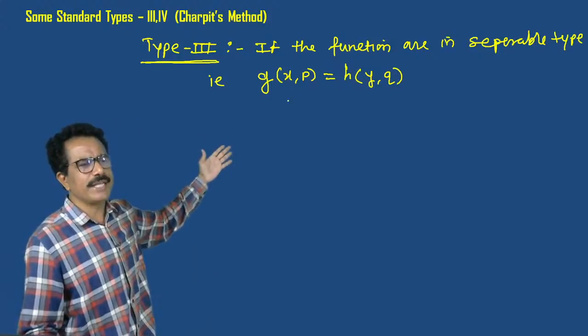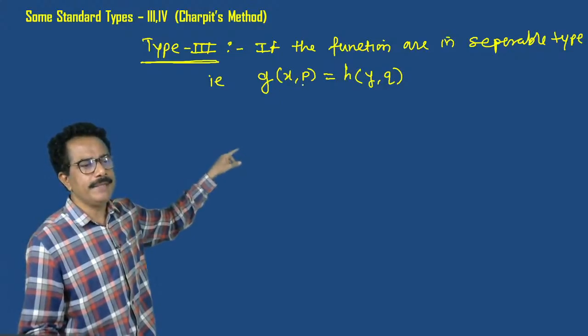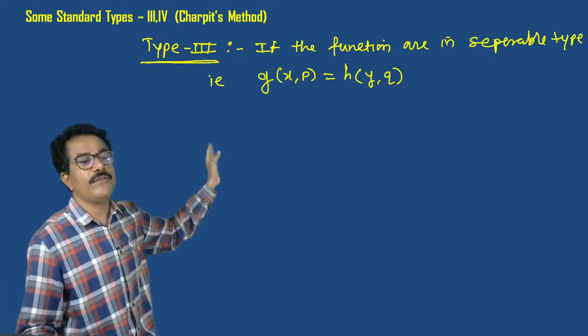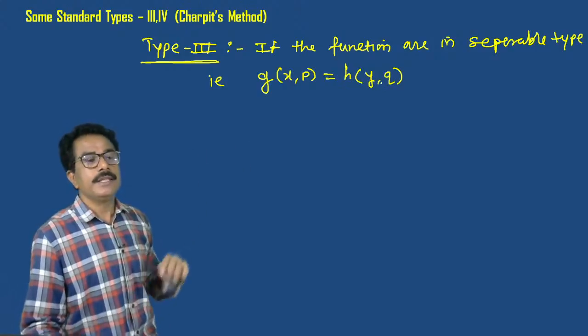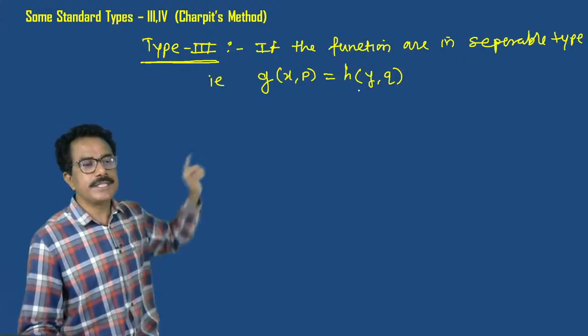On the left side we can write g of x, p, and on the right side h of y, q. Then how to find the solution of this differential equation? This is also a standard form.